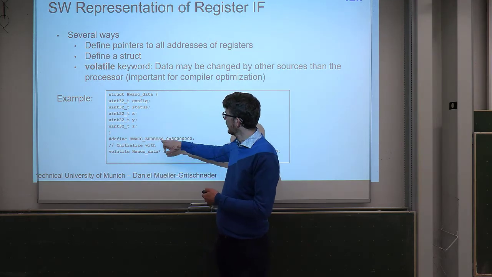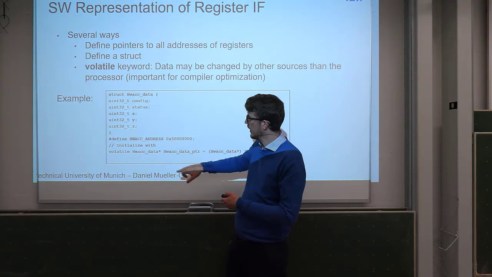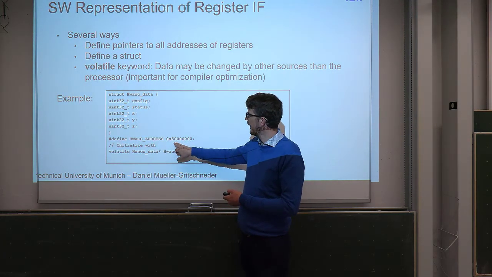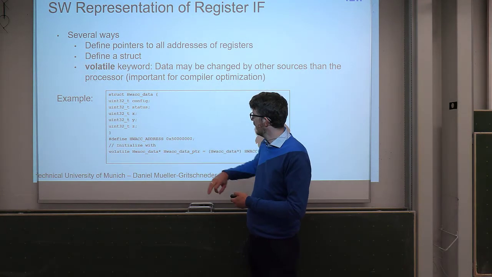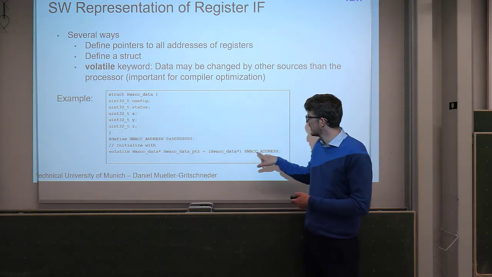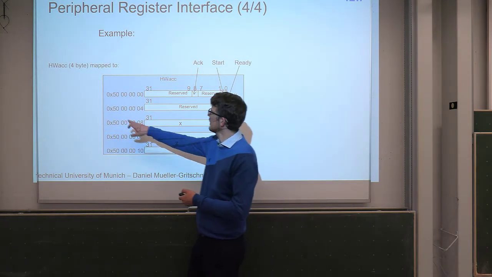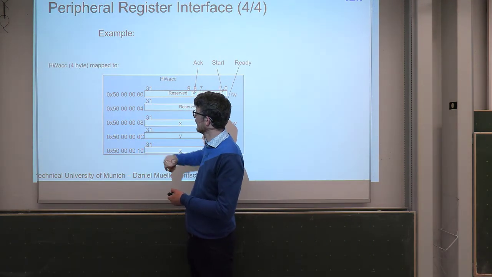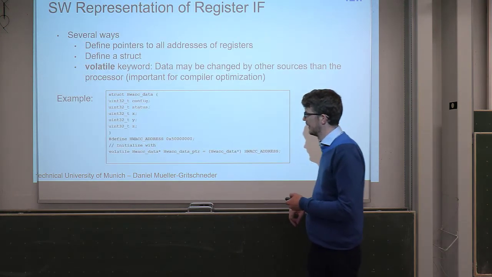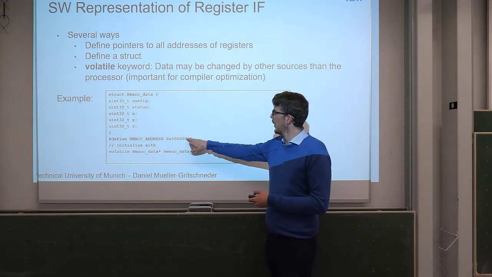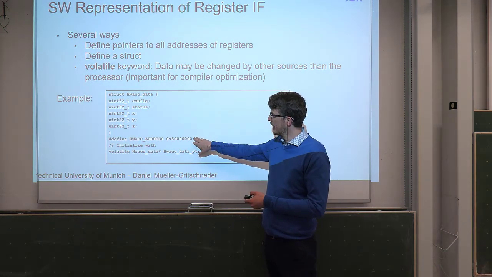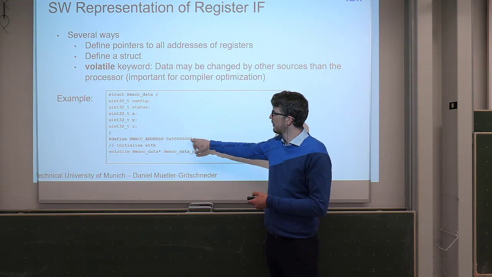And then, of course, you also have to say where this hardware is located. You define the address where this hardware is, and you make a pointer which points to the base address, to your base address where your first register is located. 50 million. So now if you access this pointer, it would make an access to 50 million.